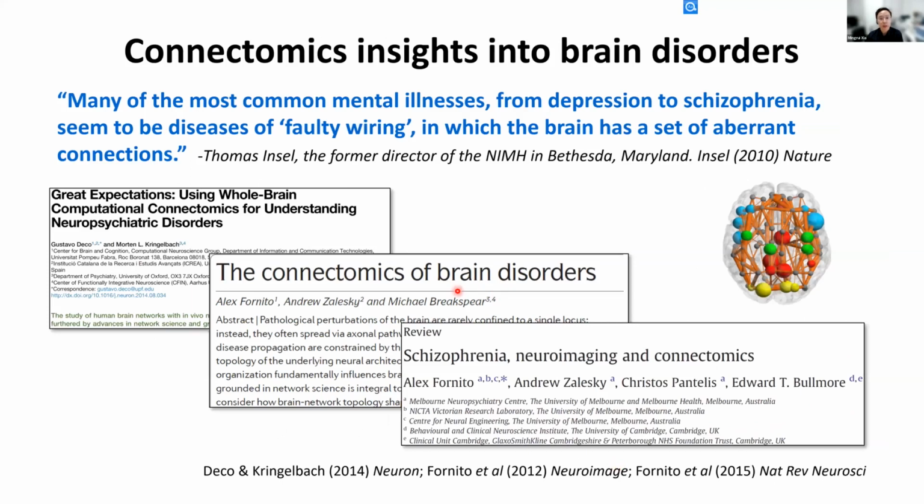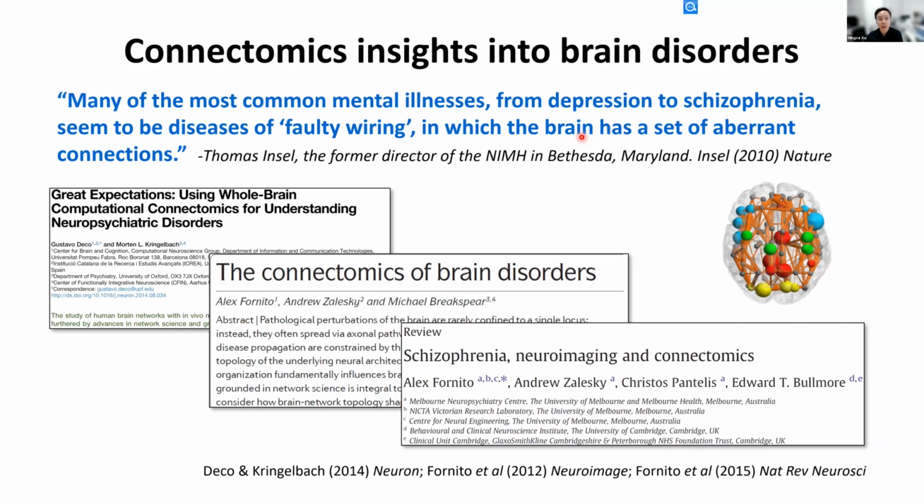So in recent MRI studies focused on brain connectomics, researchers have discovered that most psychiatric disorders, from depression to schizophrenia, are closely associated with abnormal brain connectivity and faulty wiring within the brain networks.